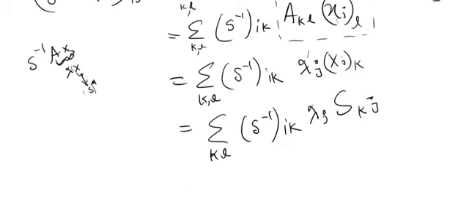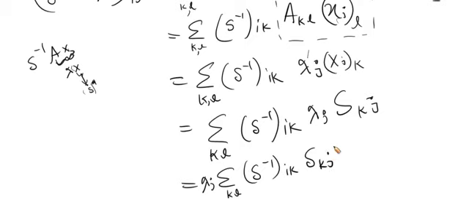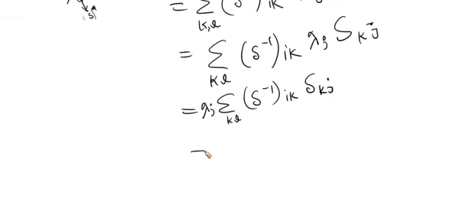Since lambda is just a number, and there is no summation over j, you can pull it out. Lambda j over here, you have kl, and this is just s inverse of ik, s of kj. I'm getting rid of this k thing, and obviously I should get rid of the l as well, because this l got summed over before.